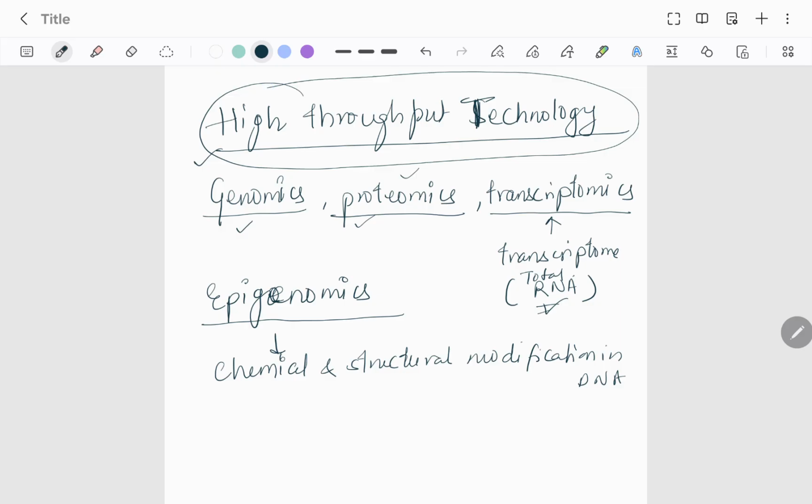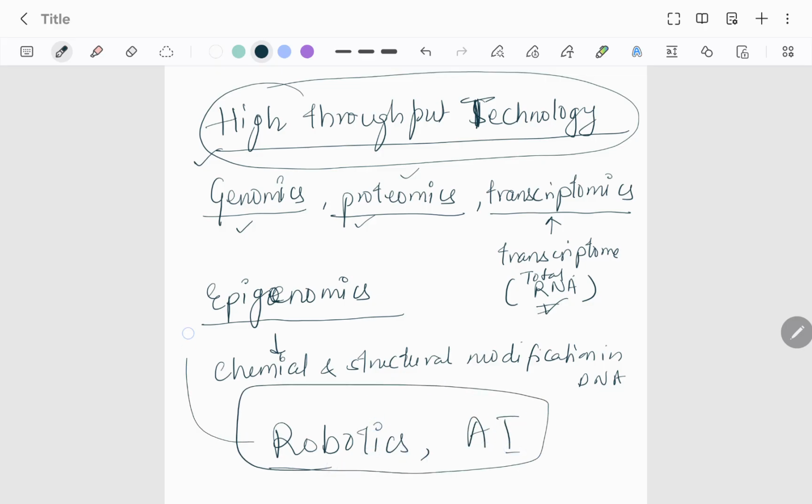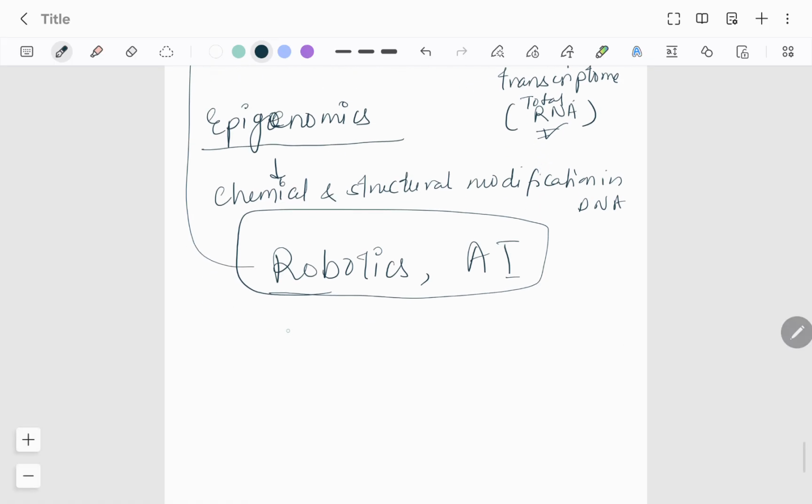These days we use computers, robotics, and artificial intelligence, and we say we are using high throughput technology. So in high throughput technology we use robotics and AI for studying genomics, proteomics, the genome, the proteome, the transcriptome, for epigenomics, and even for drug discovery.